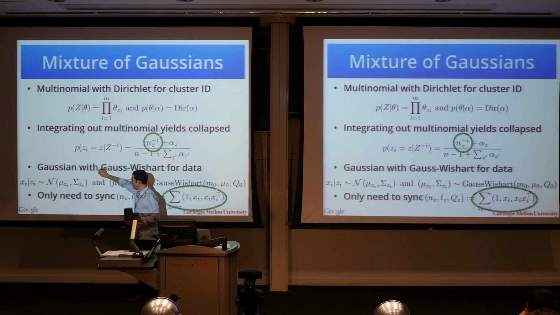Now it turns out that for Gaussians with the Gauss-Wishart prior, you can use exactly the same argument. And actually we all know this, right? Because if we want to estimate a Gaussian, all we need to do is estimate the mean and the variance. Has anybody of you ever been mystified when you use the pocket calculator?